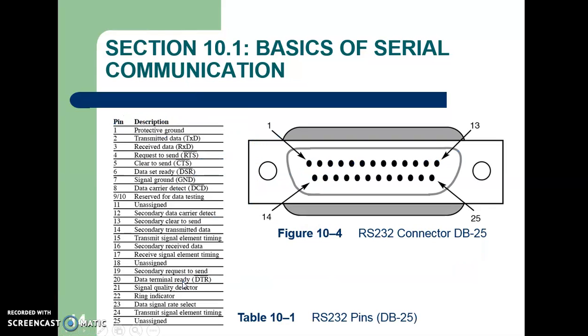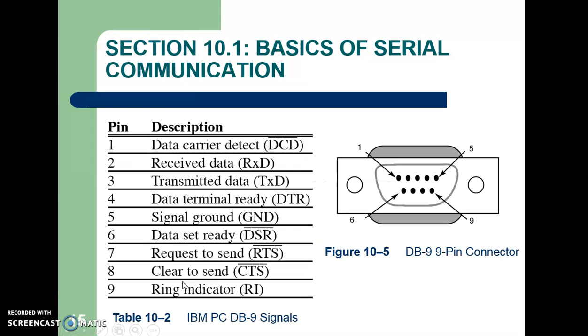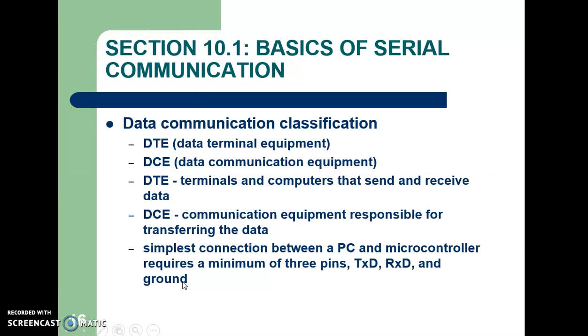This is a pin diagram of the 25 pin RS-232 connector. It is called DB25, and it is not very widely used these days. This 9 pin RS-232 connector you may find in your desktop computers. There are mainly two types of communication equipment.